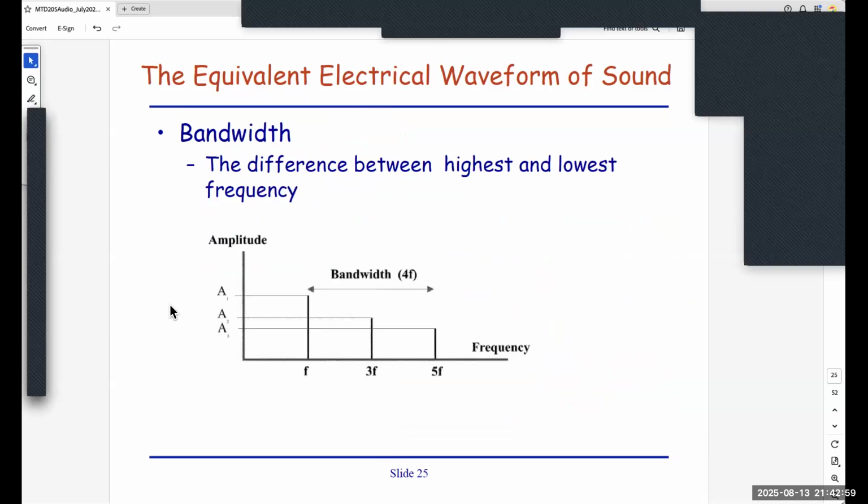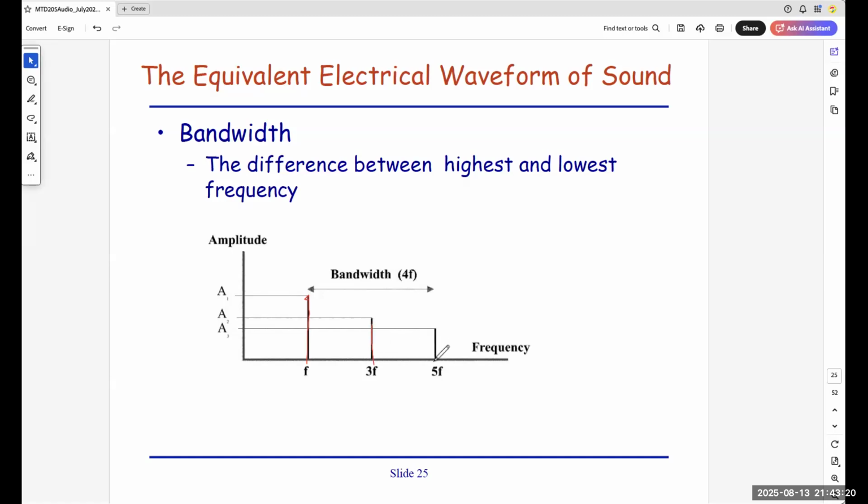So this beautiful thing, maybe now you start to see some light at the end of the tunnel. You can see that if this is a signal, I have F, 3F, 5F, which means this signal consists of one sine wave at F, another sine wave at 3F, another sine wave at 5F. So this signal may be very messy in the time domain, up and down, very messy.